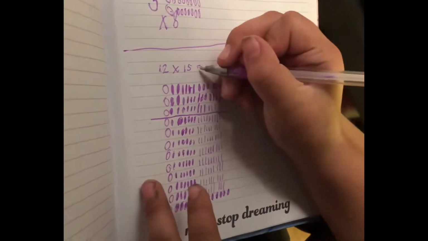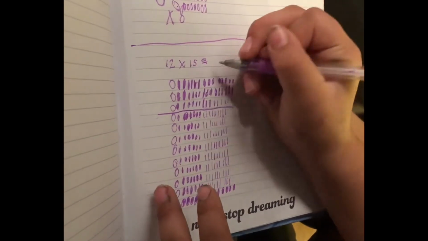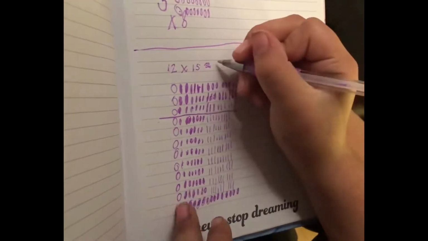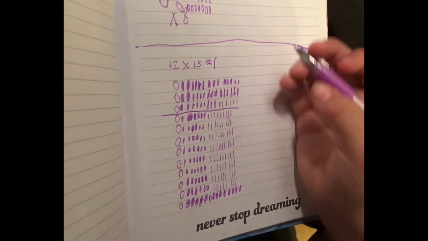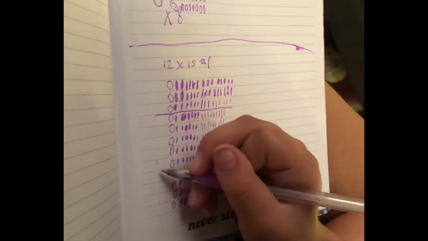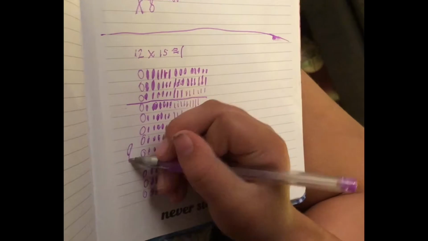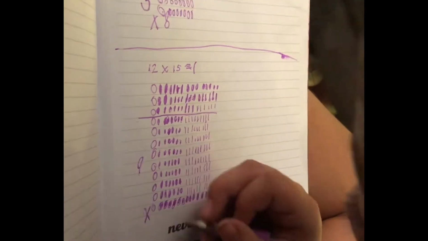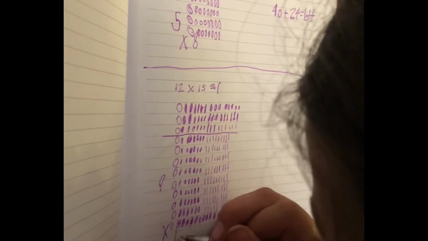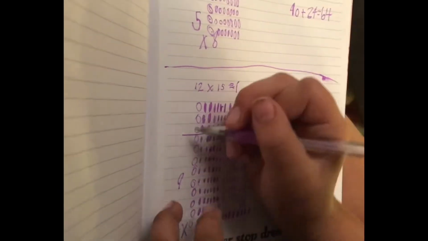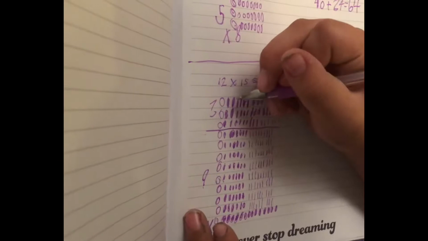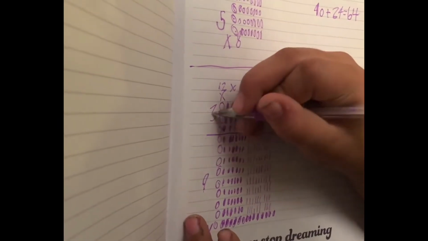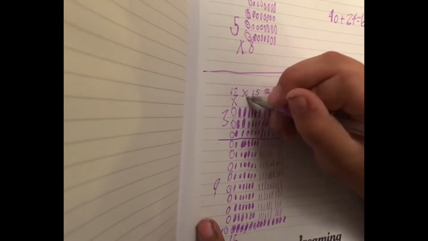So then, where it says equals, you can put that, and then 9 times 15, 3 times 15.